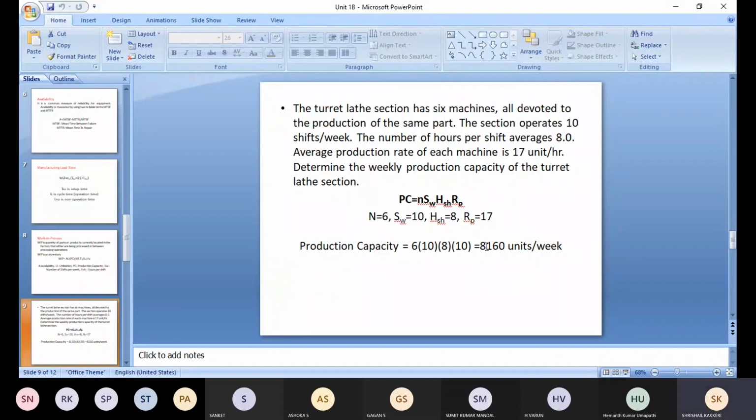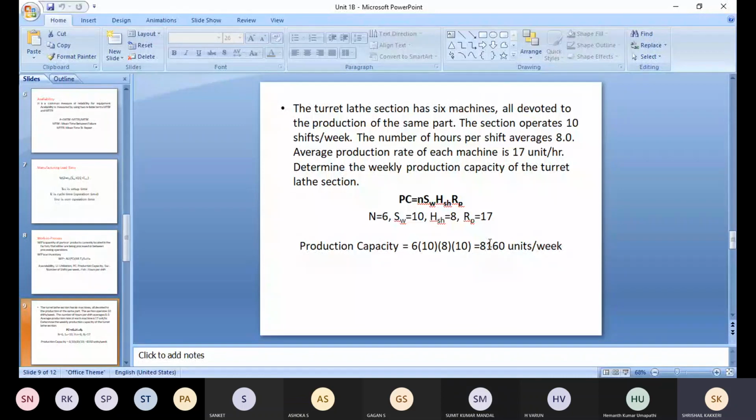Limitations and advantages of different types of automations. Here in the beginning I told you fixed automation, flexible automation, programmable automation. There was a graph given for fixed automation.